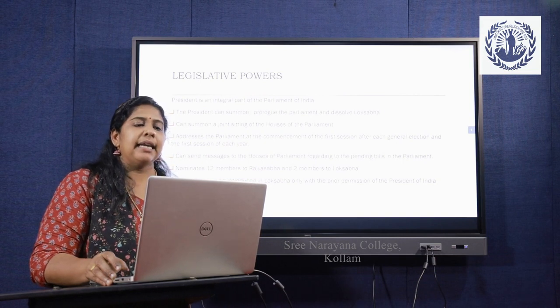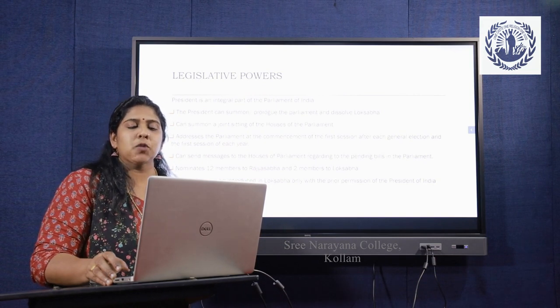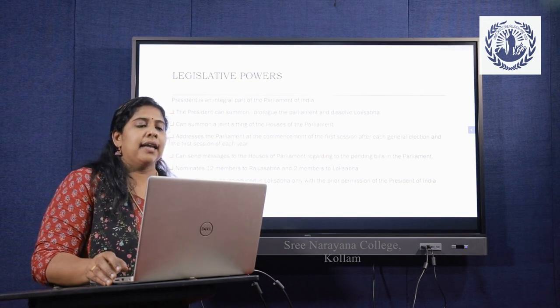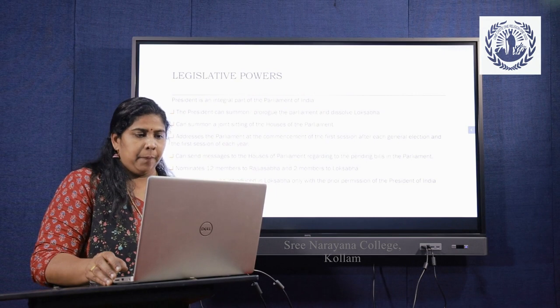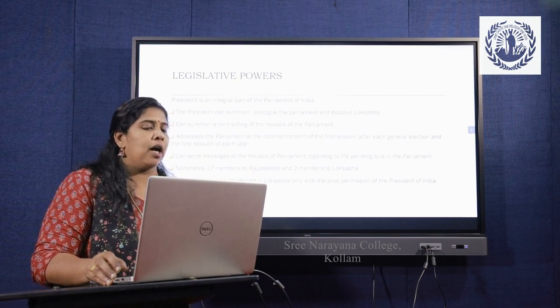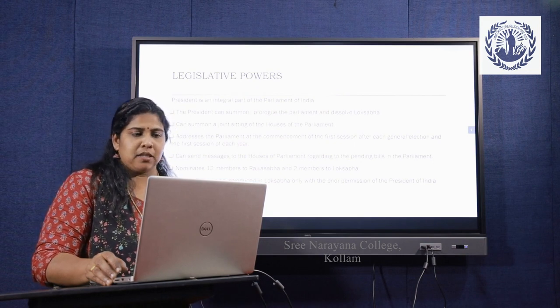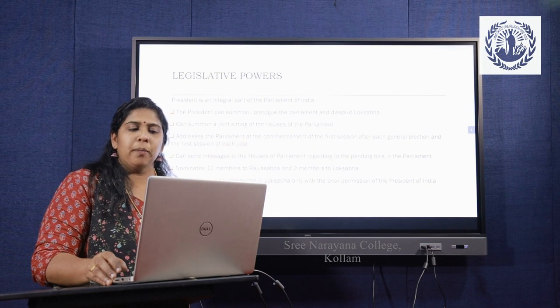Third one, he can address the Parliament at the commencement of the first session after each general election and the first session of each year. He can send messages to the houses of Parliament regarding the pending bills in the Parliament. He can nominate 12 members to Rajya Sabha and 2 members to Lok Sabha.